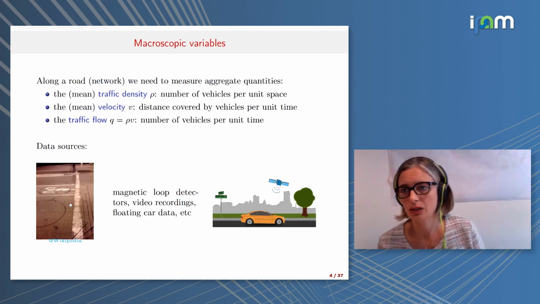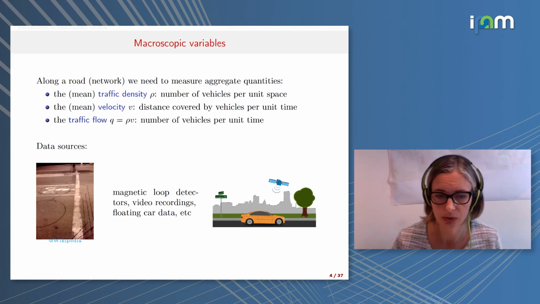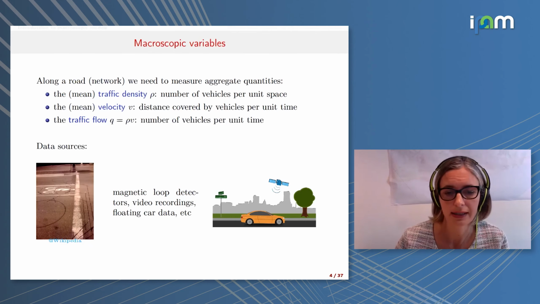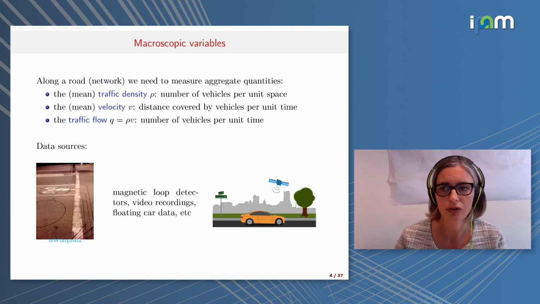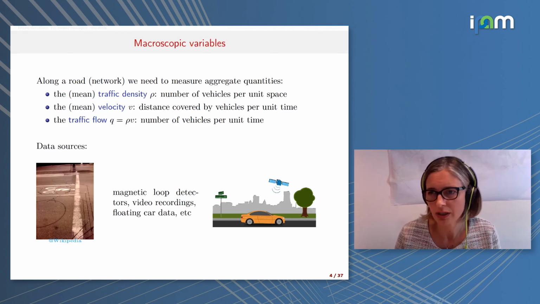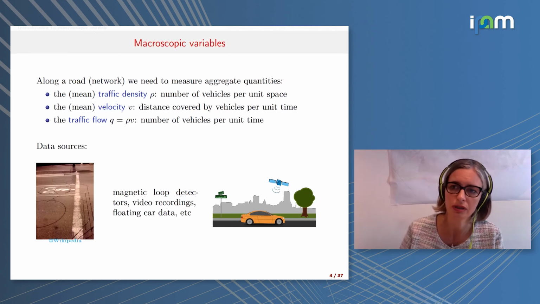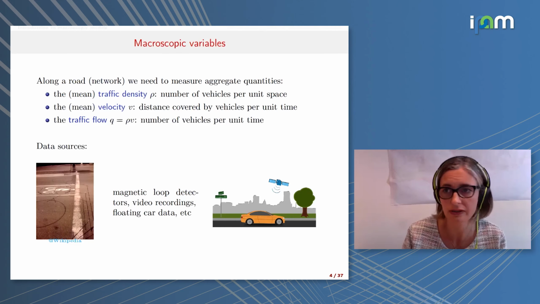But nowadays you can also use video recordings, data coming from the GPS installed on the cars, and other devices. So you have a lot of information, in principle, to calibrate the model and describe what is happening on the road.